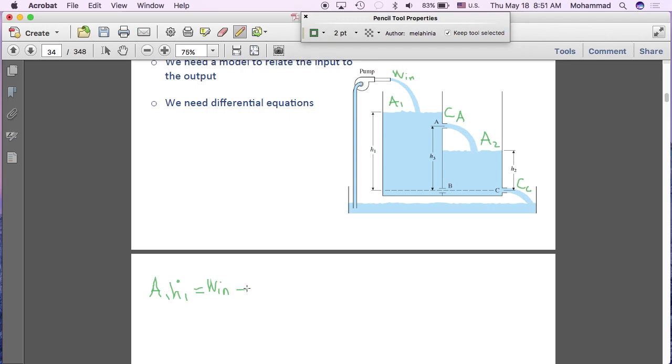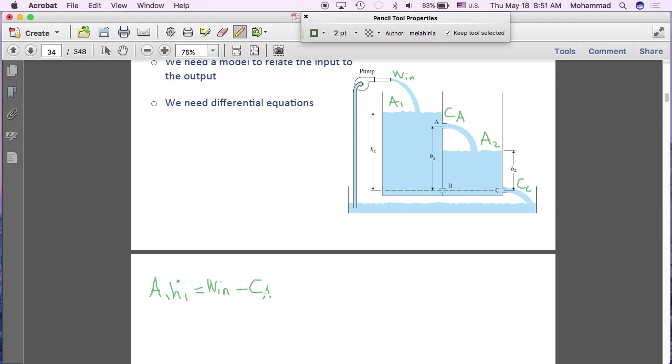Anything? Which C are you saying, CA? Yeah, CA. So you're focusing on what fluid leaves the tank here, at point A. So you have CA as the constant. Now we need to look at how much fluid is above that orifice.